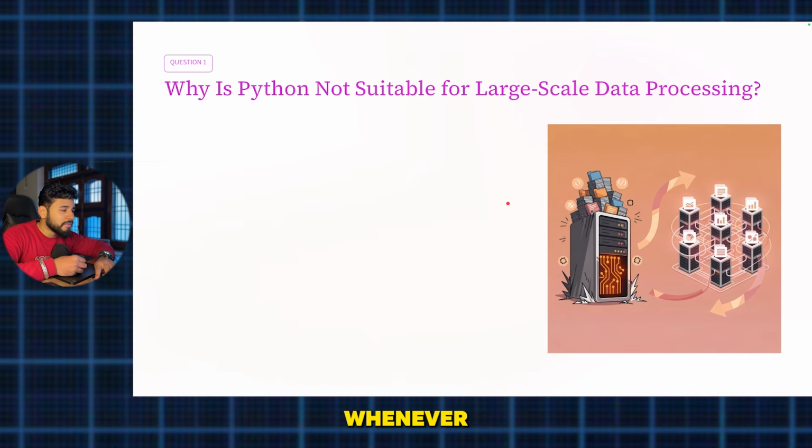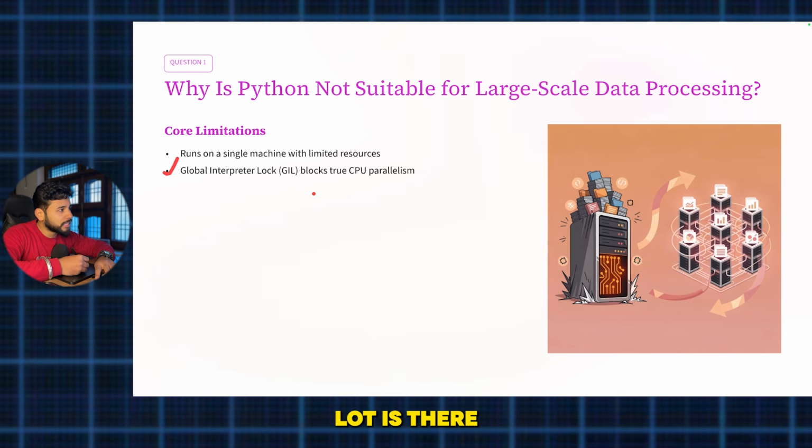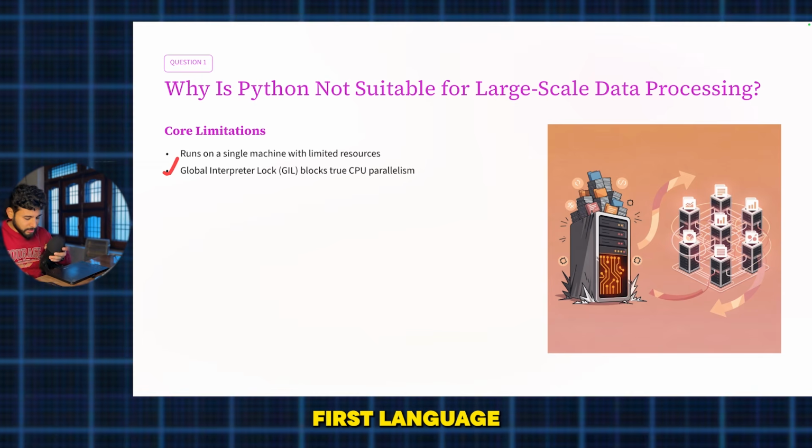First of all, Python is single threaded. What is the core limitation here? It runs on a single machine with limited resources. What does that mean? Python by default is single threaded. Next, there is the global interpreter lock. Python is an interpreter-first language; there is no compiler, it is an interpreted language.